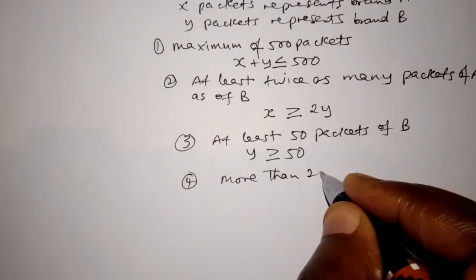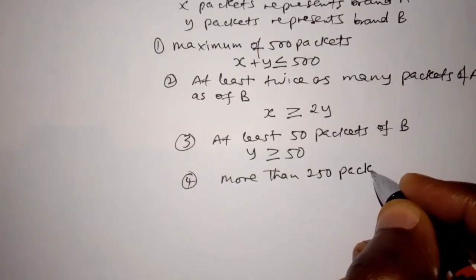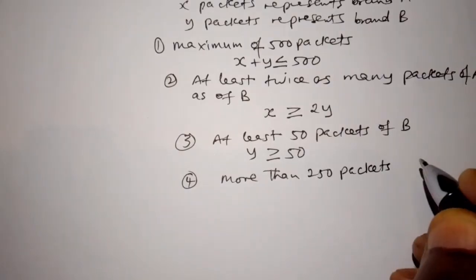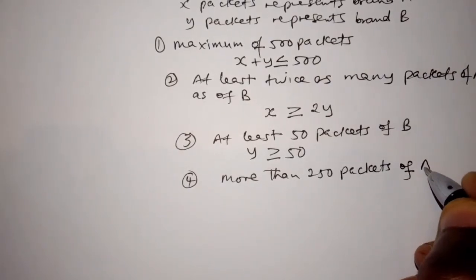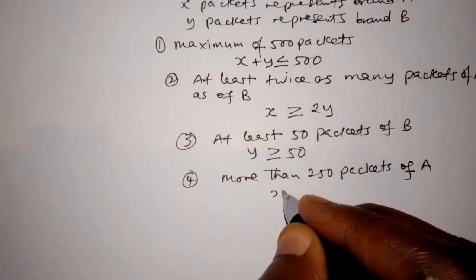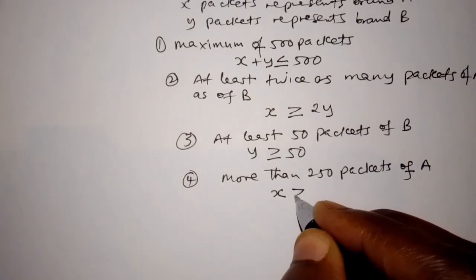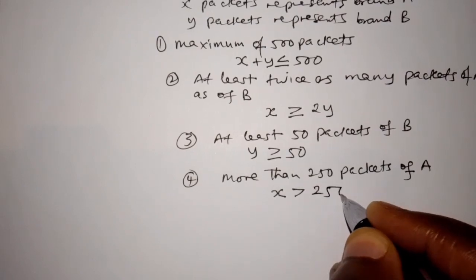More than 250 packets of A we can represent as X is greater than 250.